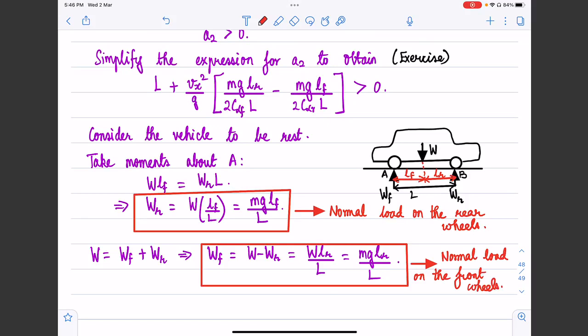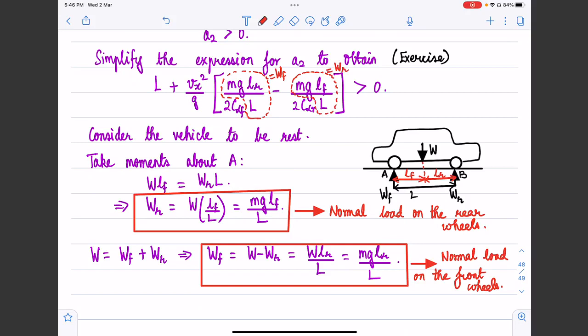Let's go here, to this constraint, and look at what I am circling. This term, which I have circled, R by L, is nothing but WF. Similarly, the second term, which is G LF by L, that is WR.